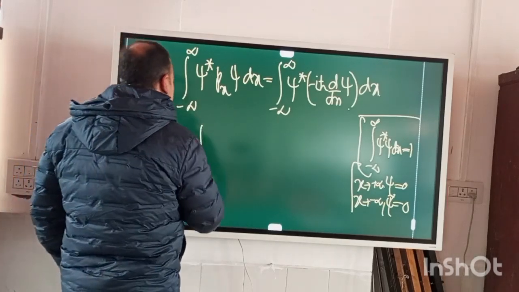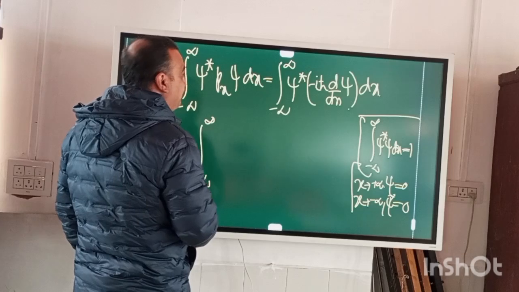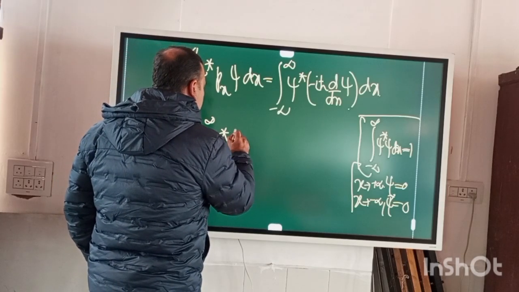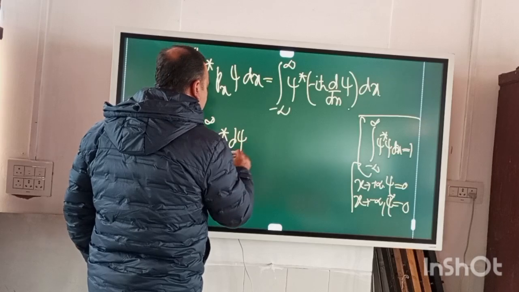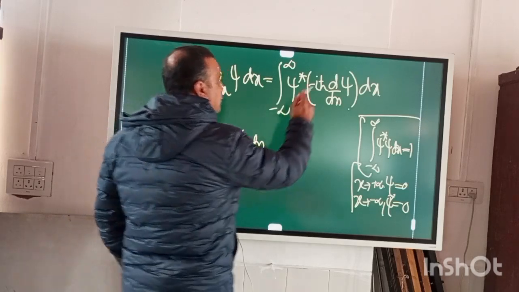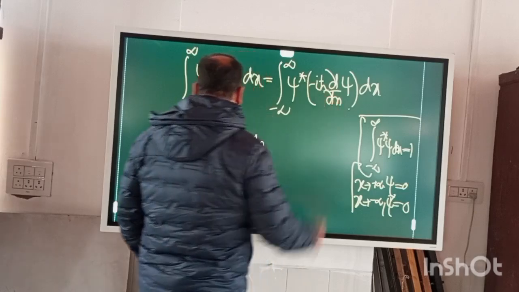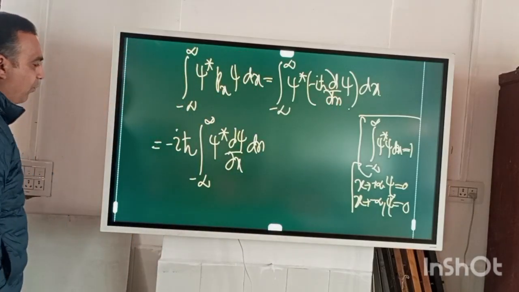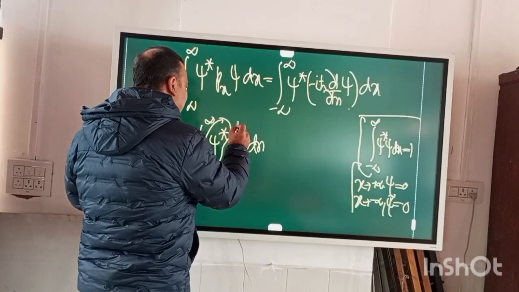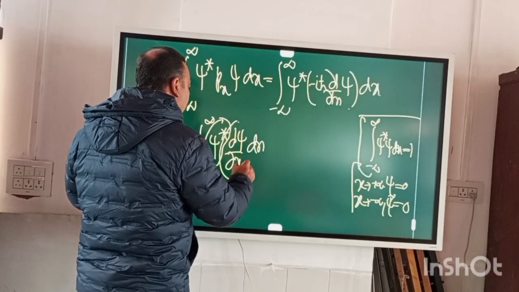Integral from minus infinity to infinity. Then I will have psi star, then I will have dou psi by dou x, and then I will have dx. So it has to be dou and dou. Now, this is my u and this thing is my v.